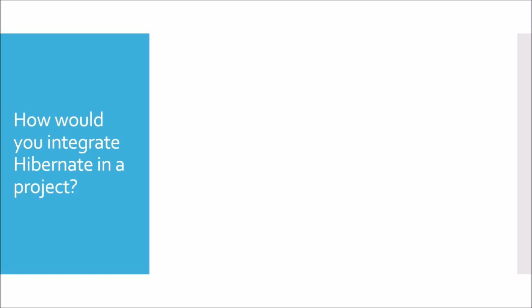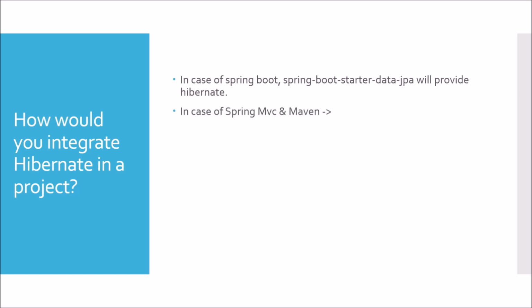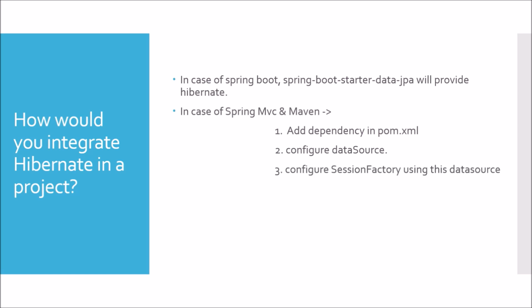So if we're using Spring Boot, it provides spring-boot-starter-data-jpa, which will internally provide you Hibernate support. In case of Spring MVC and Maven project, you have to add dependency in pom.xml. You have to configure data source. You have to configure session factory using this data source.